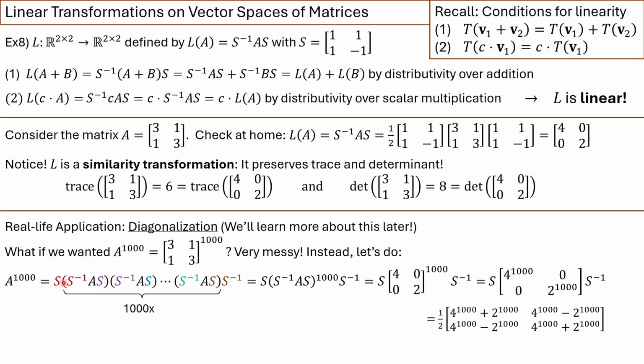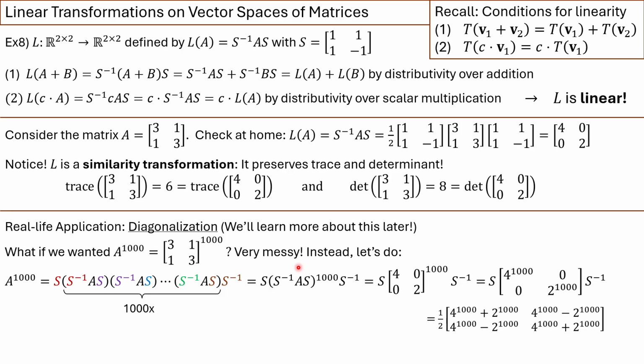But if we have this one here, S inverse times A times S inverse times A times S, you see all of them will cancel. So you do indeed get 1,000 A's left over because, for example, S times S inverse is the identity that should cancel. So here you can see what we have is S inverse times A times S, 1,000 of them in the middle, then still our S and S inverse on the outsides.